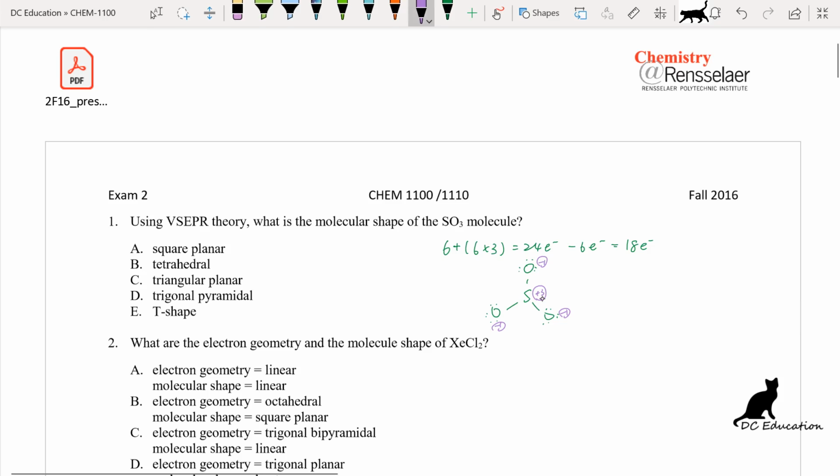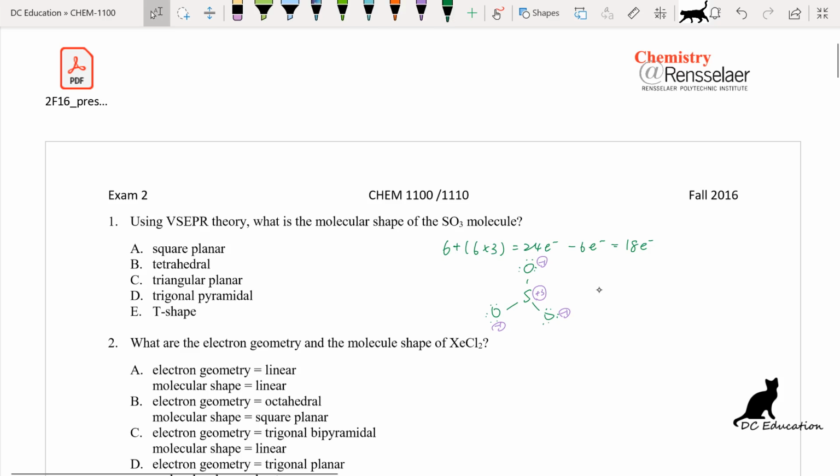If you're doing VSEPR theory, I suppose you don't have to do it, but as a better manner of doing chemistry, let's just balance out the formal charges.